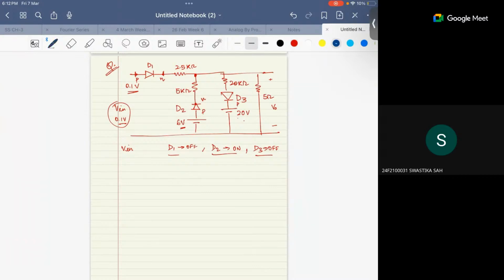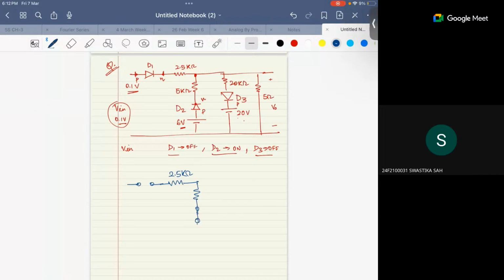So if we draw the circuit, D1 is off, so it will be open, and then there is a resistance of 2.5 kilo ohm, and then this will be short circuited because we are thinking that D2 is on.